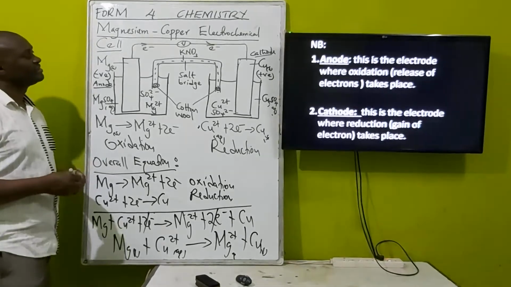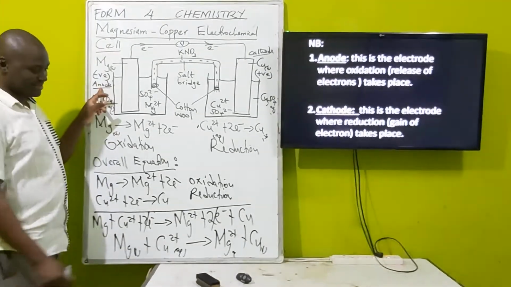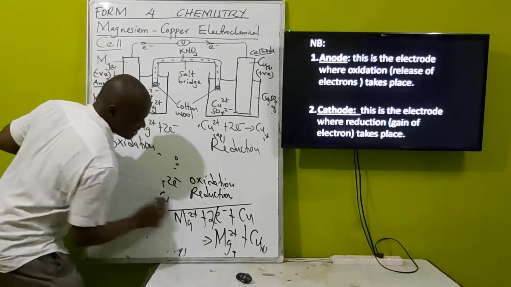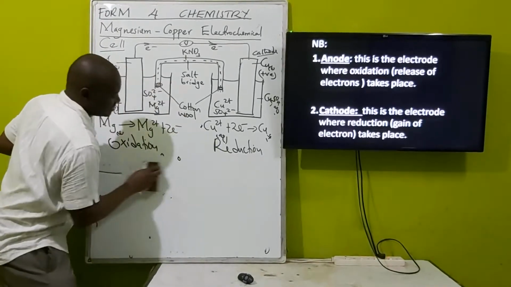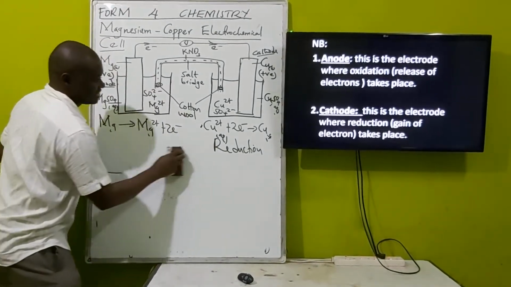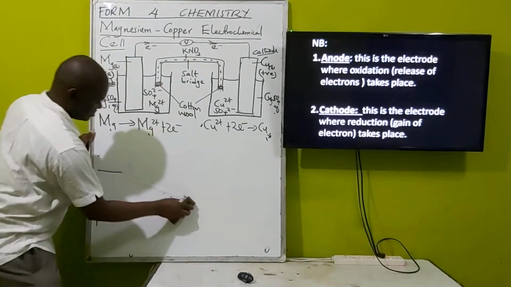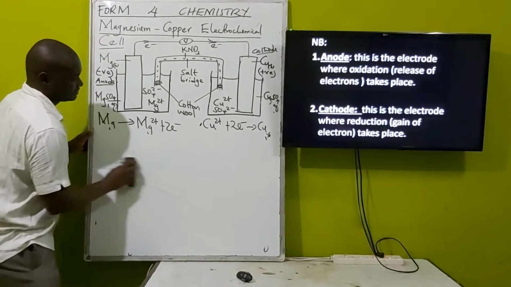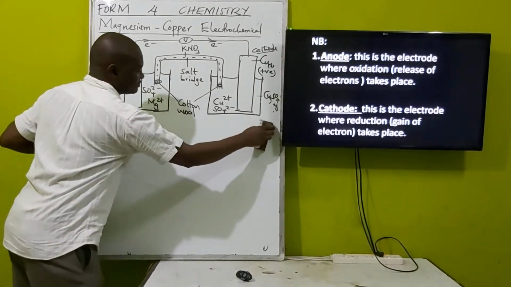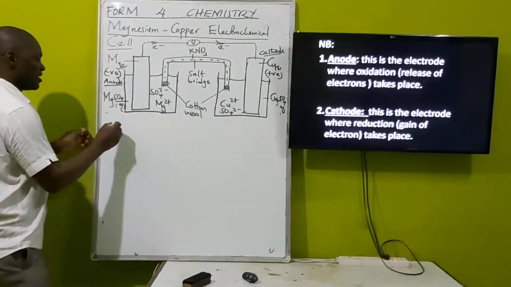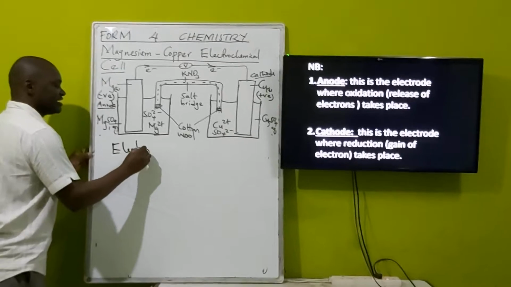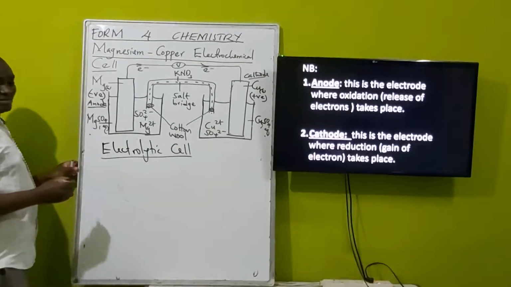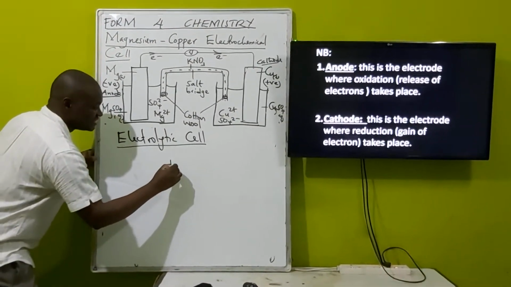Now, 1, the anode here, before I move the anodes, let me do away with this. Yes. So I want to draw an electrolytic cell. And my electrolytic cell will be this way.